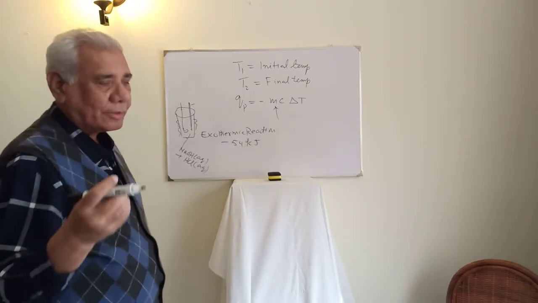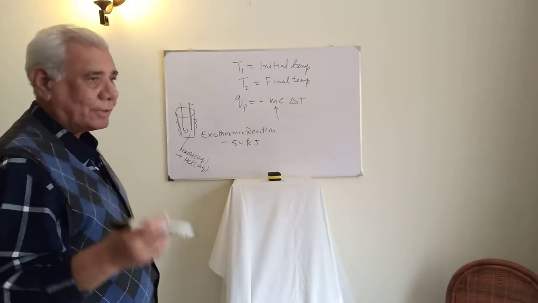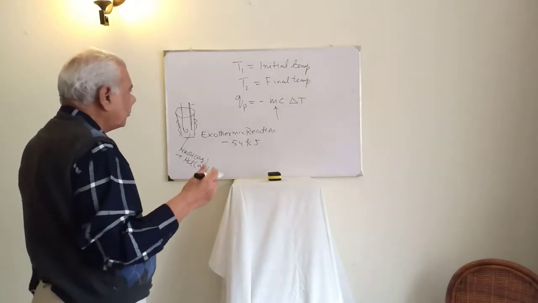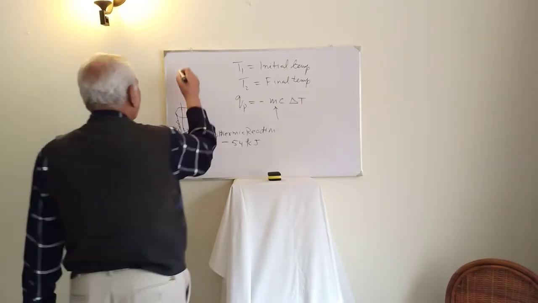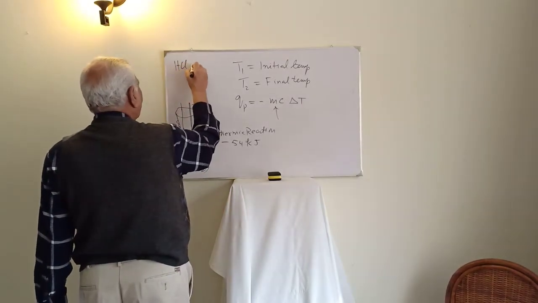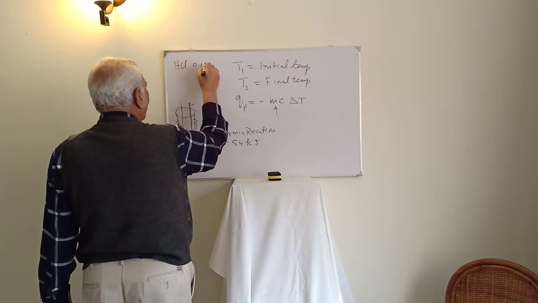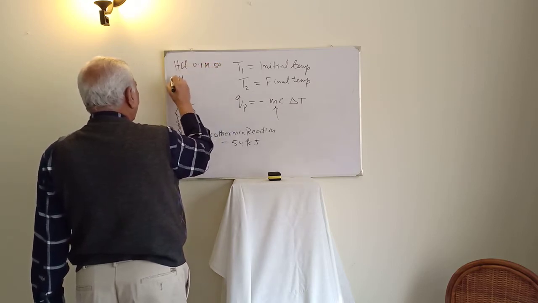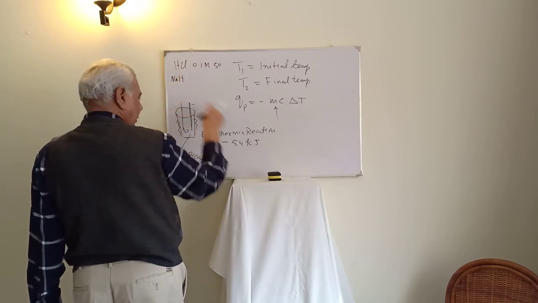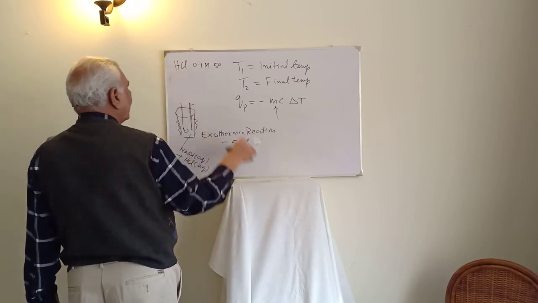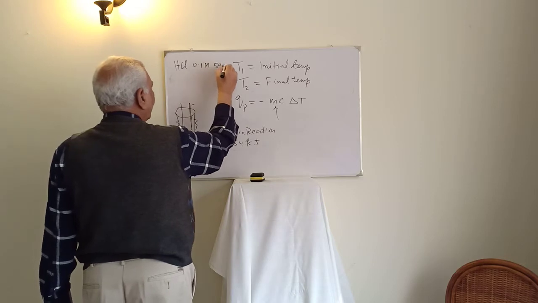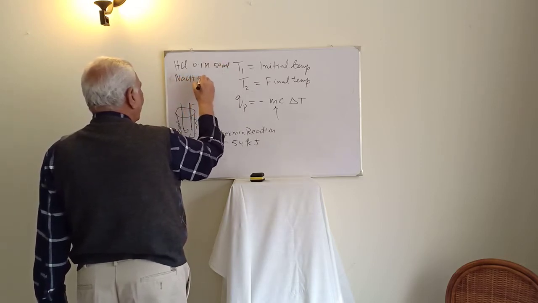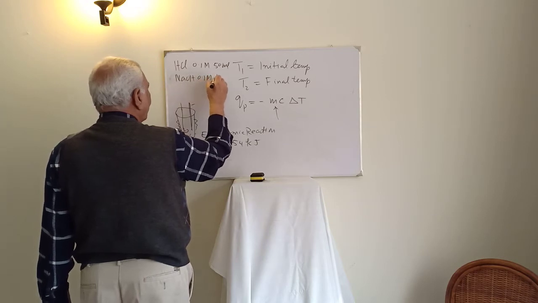Say you may take 50 ml of HCl, 0.1 molar, and 50 ml of NaOH, 0.1 molar.